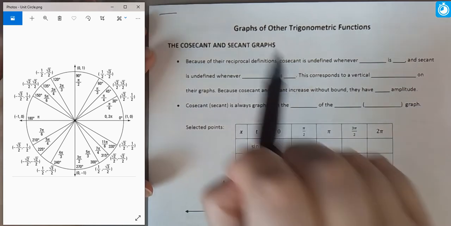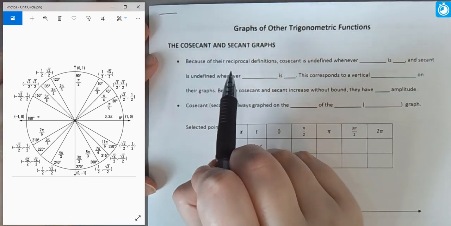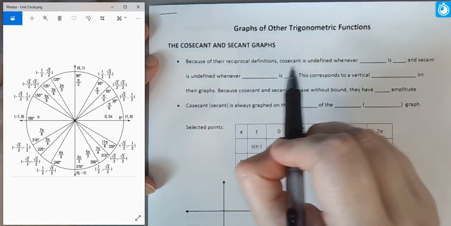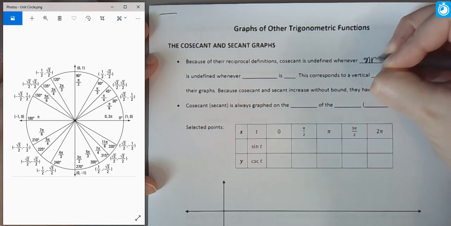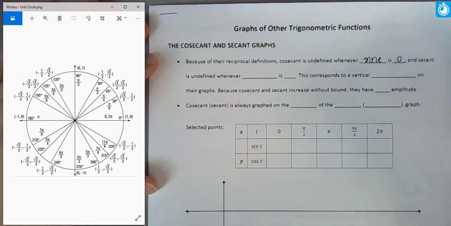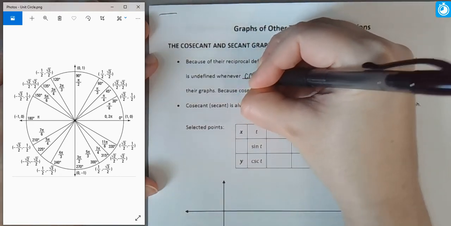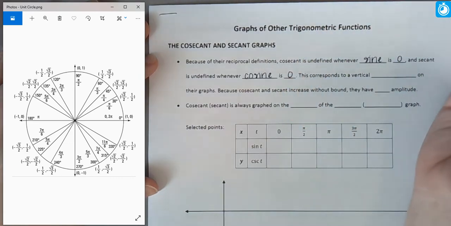Because of the reciprocal definitions, how we define cosecant and secant in terms of sine and cosine, cosecant is going to be undefined whenever our sine is 0, and secant is going to be undefined whenever our cosine is 0.